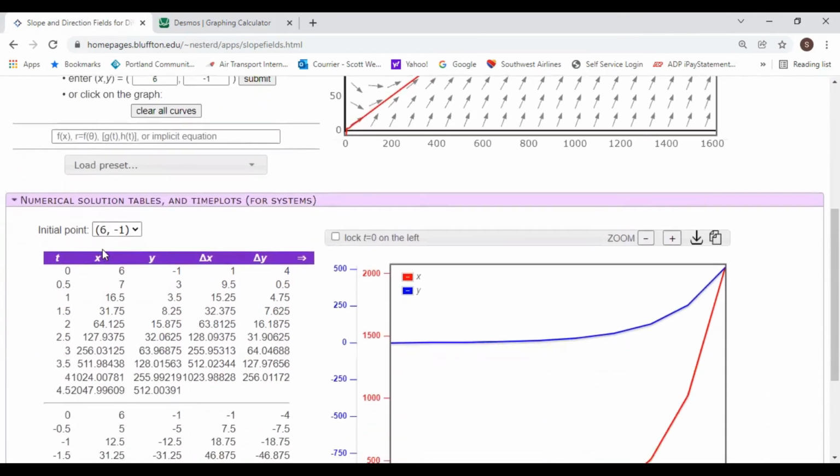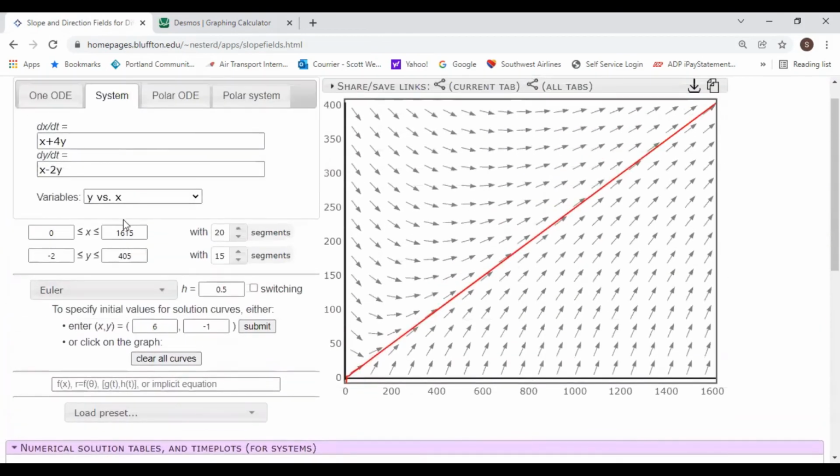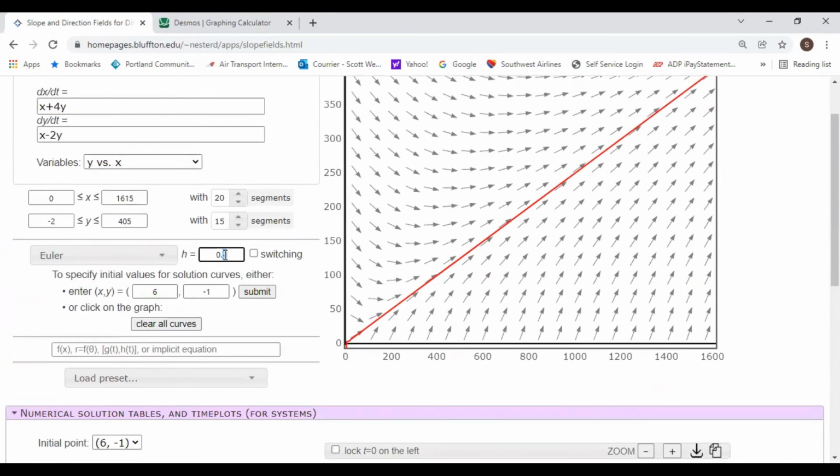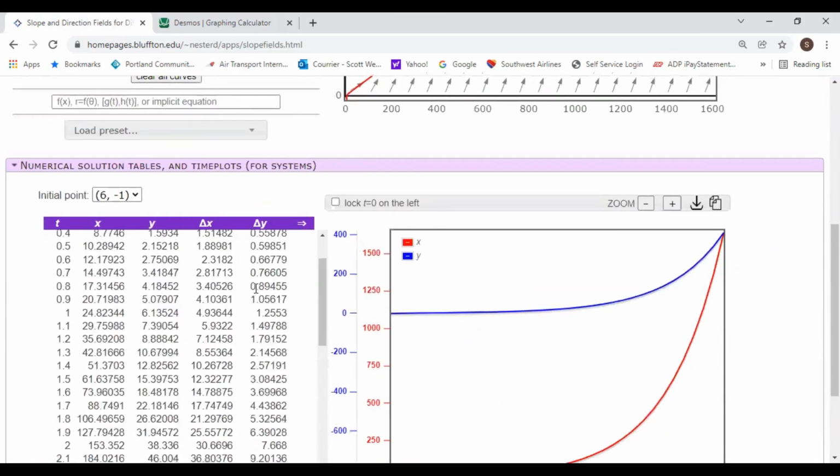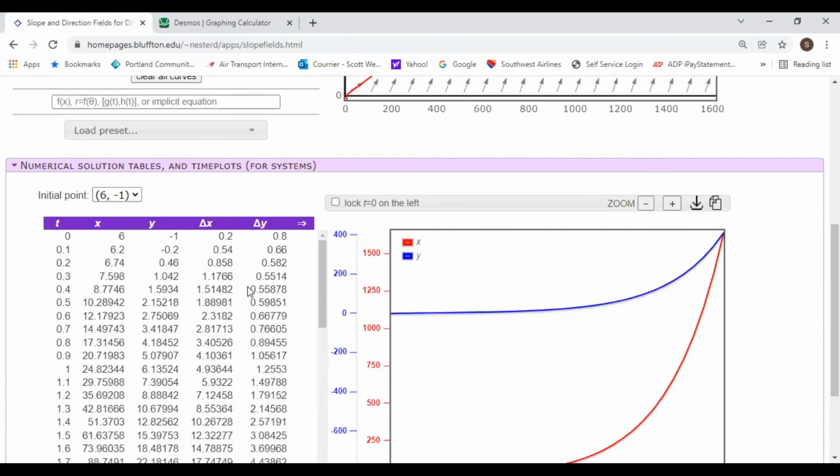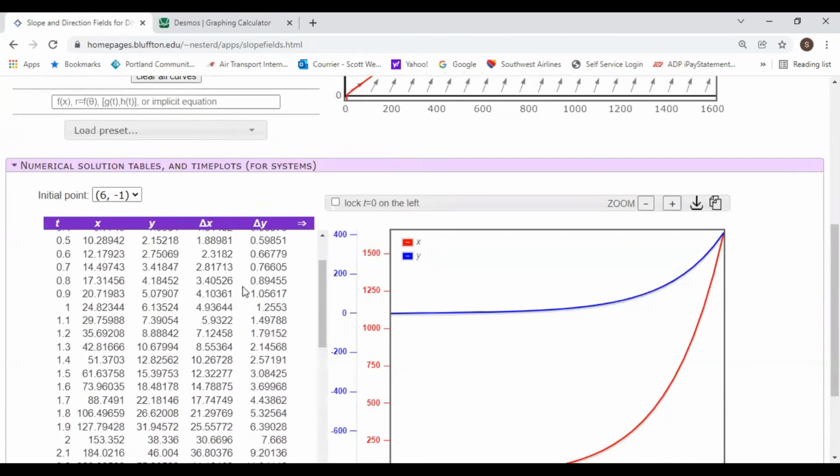And then if we repeat with a lower h value of 0.1, let's see if that gets us any closer. Now we can scroll down. So when we get to 1, our x value is 24.82.